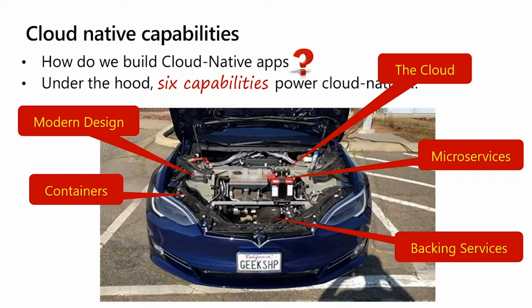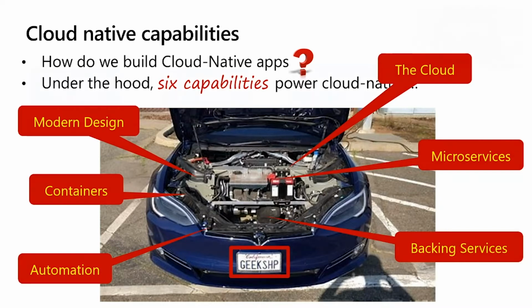And the backing services is one of the important factors that you need to consider in order to run your application, which I will be talking about. And finally, the automation. I don't know how many of you are having automation when you're talking about deployment of the application, but automation is the key factor when you're talking about cloud native applications. So these are the 6 capabilities that are powered by cloud native, right?